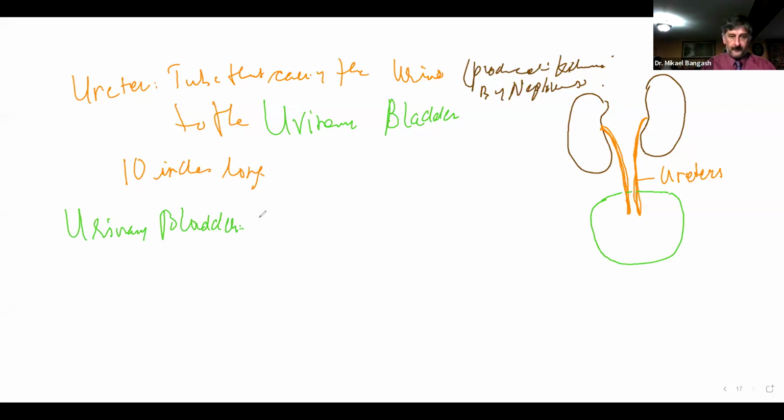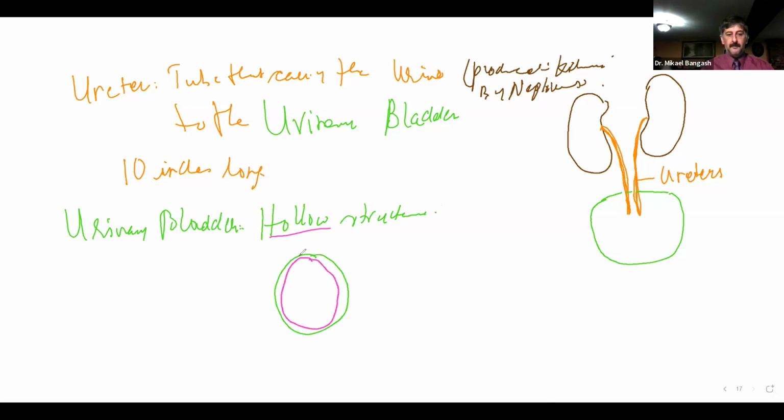Now the urinary bladder, first of all, is going to be a hollow structure. And I'm just going to make a lateral view of the urinary bladder. So it's going to be hollow, which means that on the inside it's going to be empty.